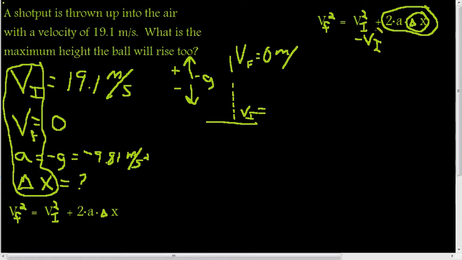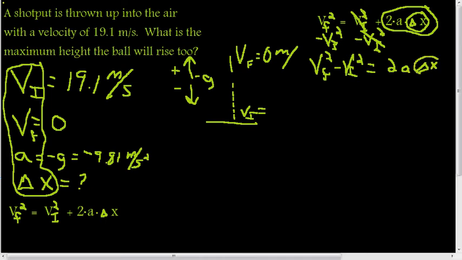Vi squared minus Vi squared is 0, that goes away. On the left, we have Vf squared minus Vi squared equals everything on the right, 2a delta x.